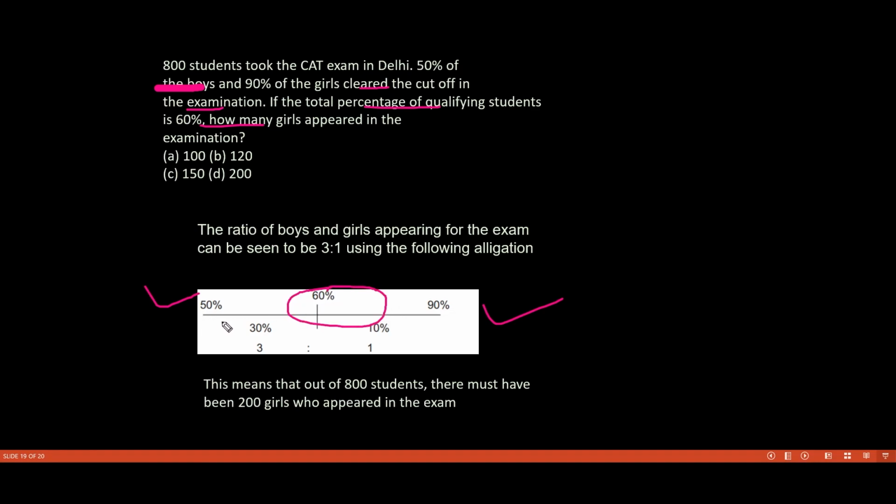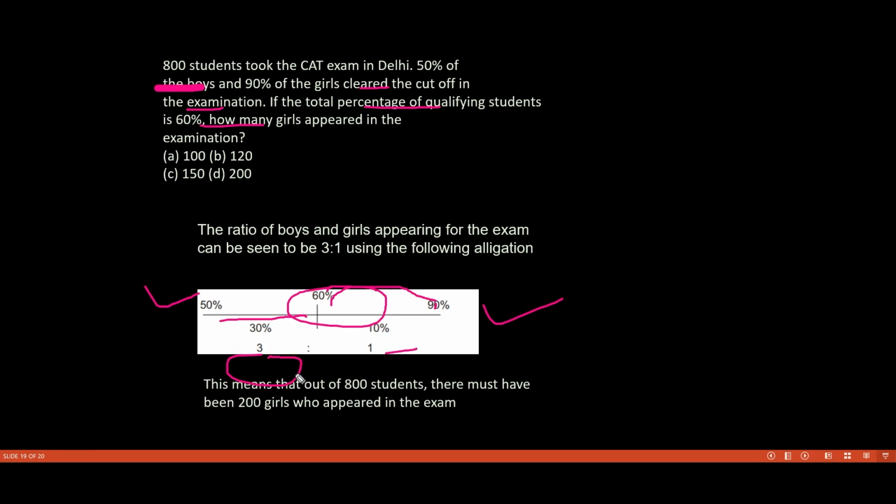So calculate the distance between these two. We get the ratio 3:1, because 90 minus 60 gives 30%, and 60 minus 50 gives only 10%, and we know this corresponds to this.